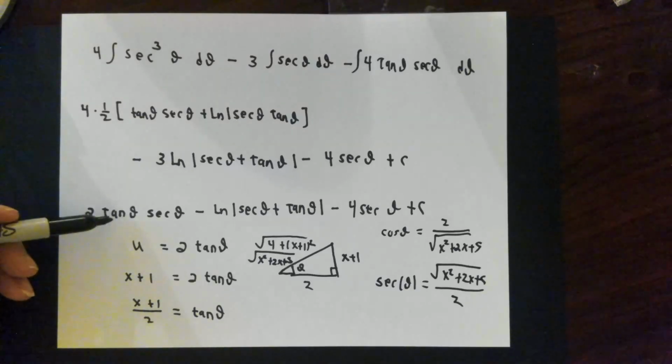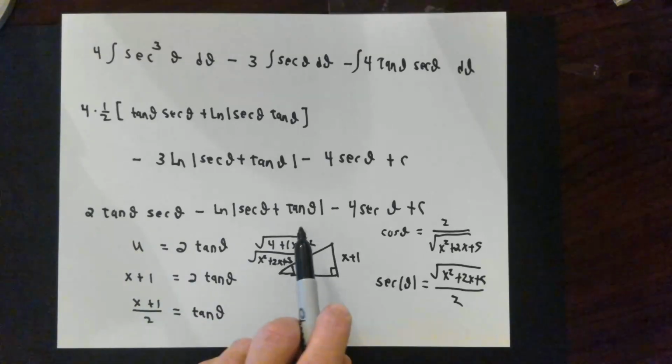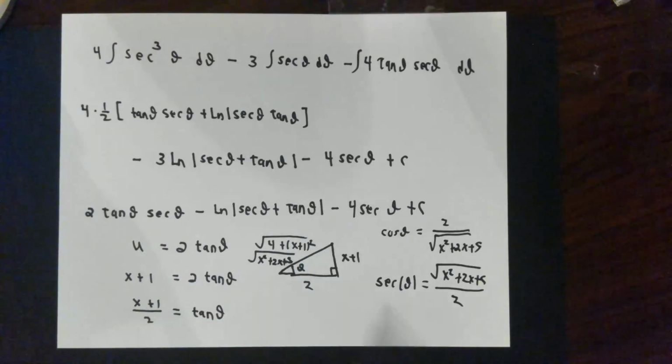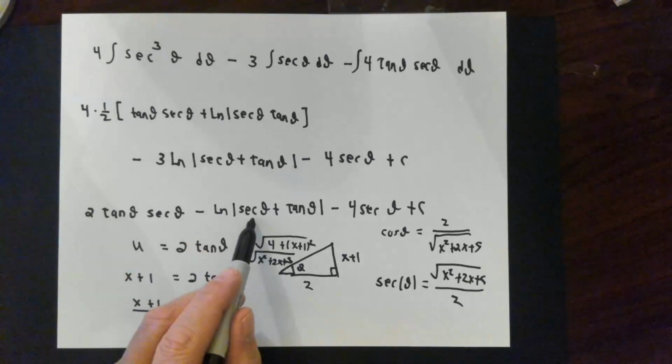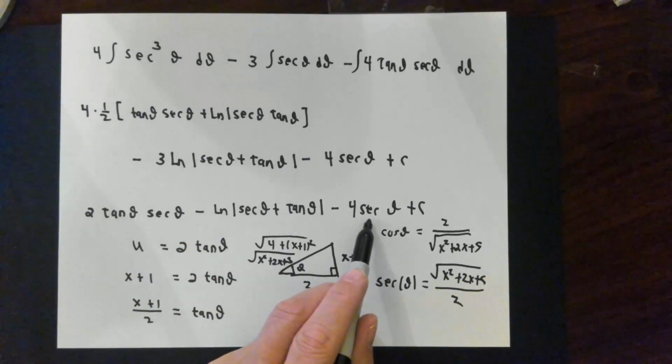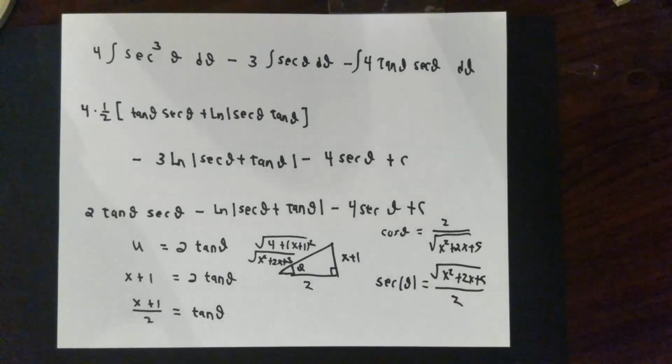That will happen there. You'll have a term of x plus 1 over 2 here. Also, every place where you see secant of theta, write it this down instead. You'll write it there, and there, and there.